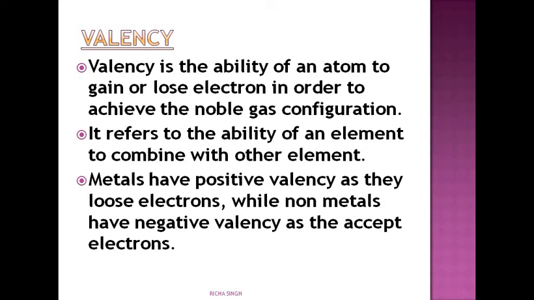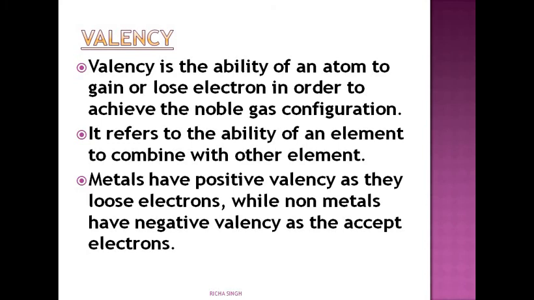The electrons in the outermost shell are known as valence electrons, and the number of valence electrons determines the valency of the element. The elements having a completely filled outermost shell in their atom show no chemical activity. Like we have seen for helium, it has 2 electrons, it has completed its octet.